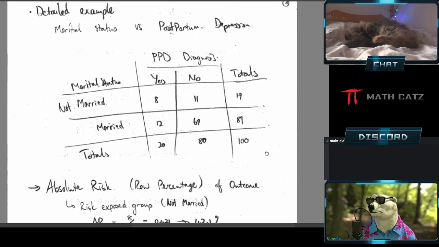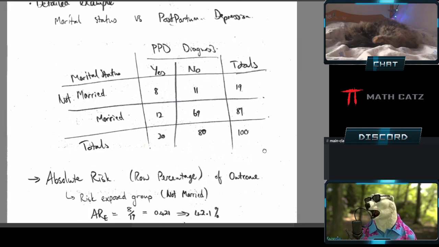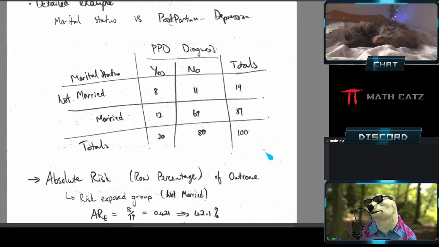Sorry, let me rephrase that. The absolute risk of having postpartum depression while not being married, the risk exposed group, I'm exposed to the risk by not being married, is 8 out of 19.